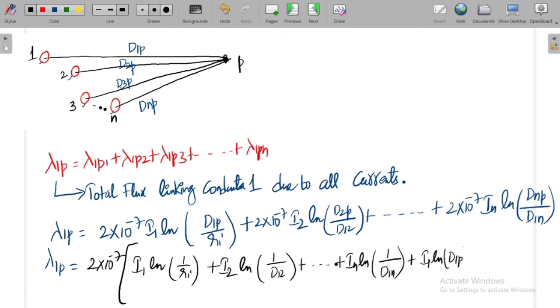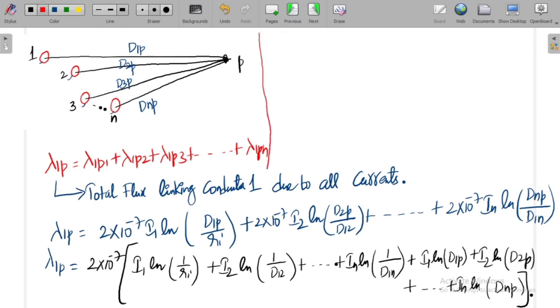Now I can write it as I1 into ln of d1p plus I2 into ln of d2p. I am just splitting the above equation into two parts, the numerators on one side and the denominators on another side, because the product of two terms inside the natural logarithm can be written as the summation of two natural logarithms. By using this technique, I am dividing this into two parts, right?